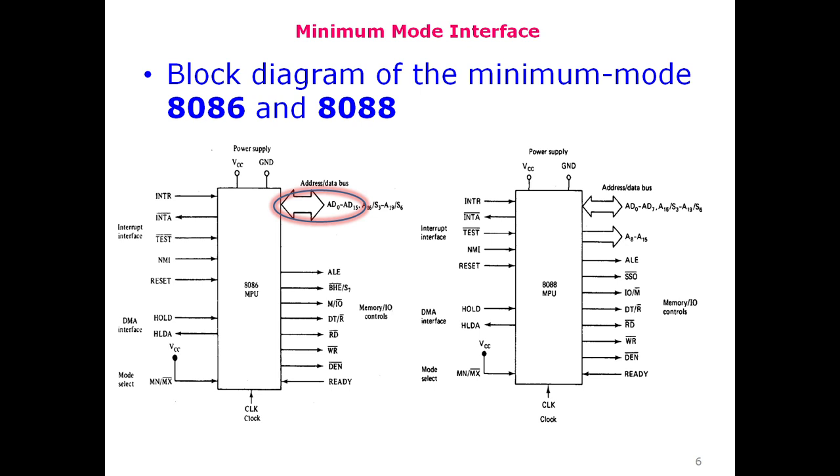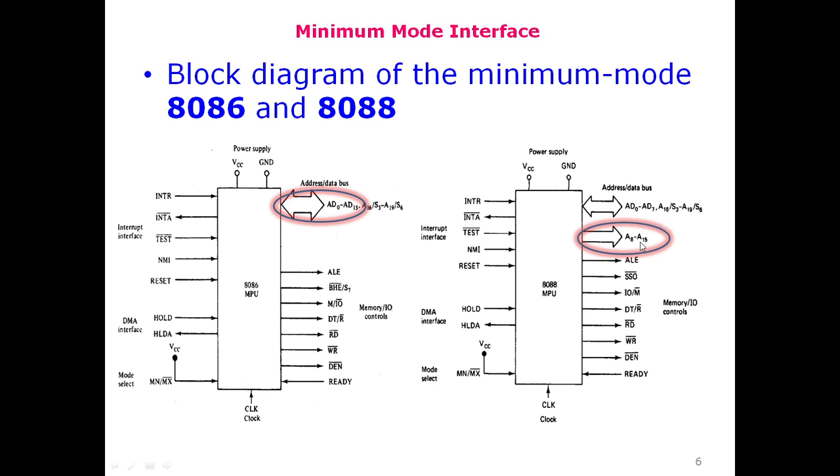The address or data bus of the 8086 is different from the address or data bus of the 8088 microprocessor. Here we can see that the lines AD0 till AD15 are multiplexed for data and address, while in case of 8088 microprocessor, these are not multiplexed.